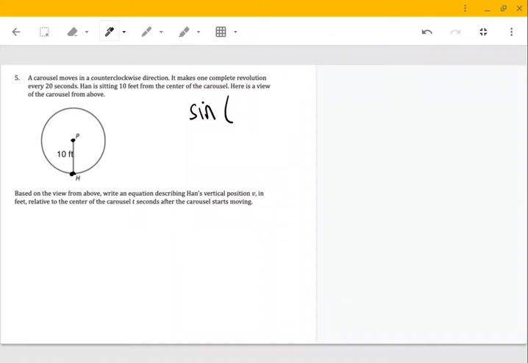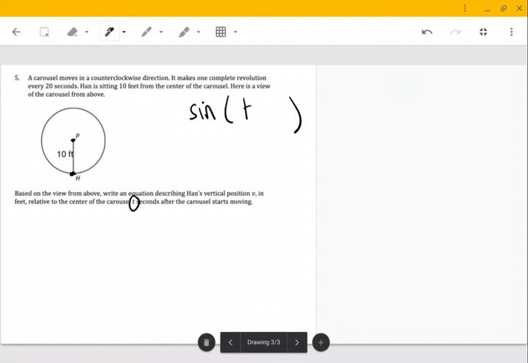So this is going to be some sort of sine graph, and they want us to use the variable t instead of x in this case. And then we're going to fill in all the appropriate spots.